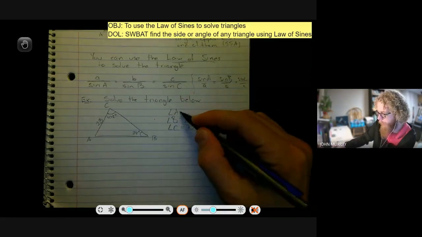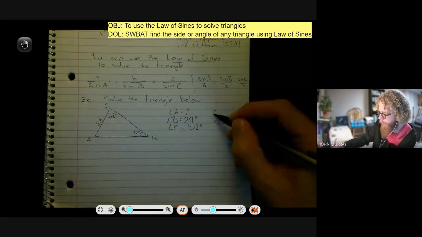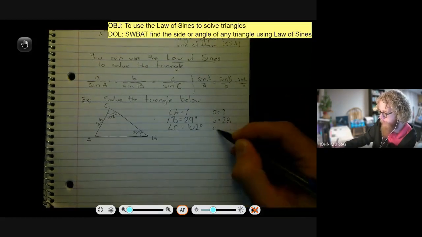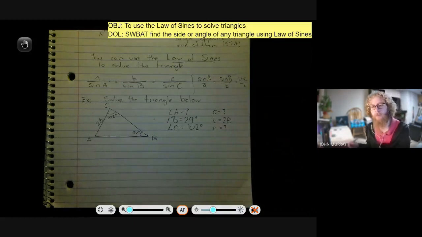So that means we're looking for angle A and side C. What's nice about this is usually there's more than one starting point. There's more than one thing that you can find out first.